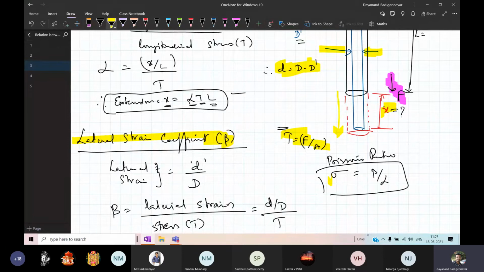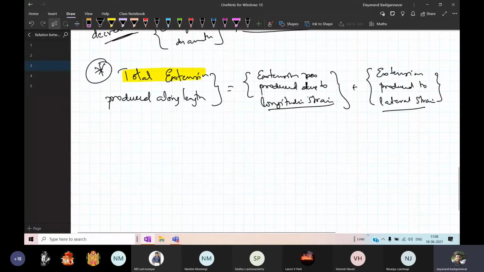Therefore, the total extension X is contributed by the extension along this direction plus the decrease in the diameter along this direction. You are getting the point? There is a decrease in the diameter as well as an increase in length. Therefore, both are contributing to the total increase in the length.